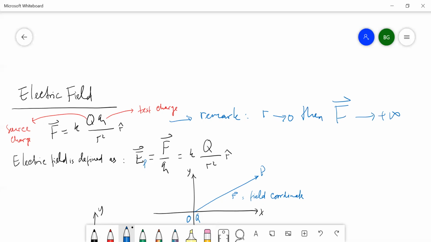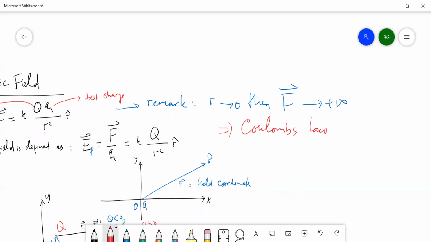So it means that Coulomb's law does not recognize self-interaction.